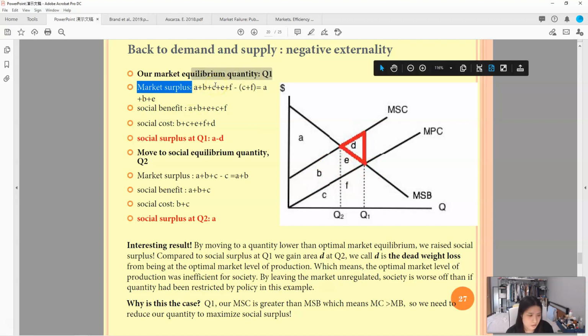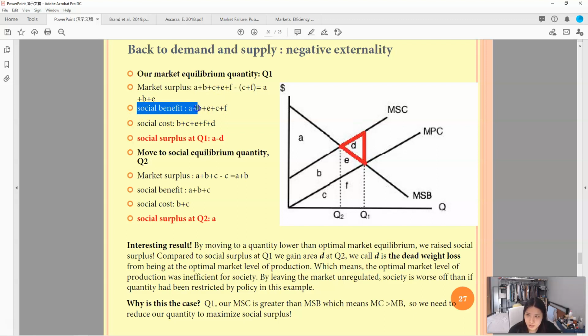However, from the society's perspective, the social benefit would be the same, since there would be only one marginal social benefit curve. However, the social cost should be different from the marginal cost curve.